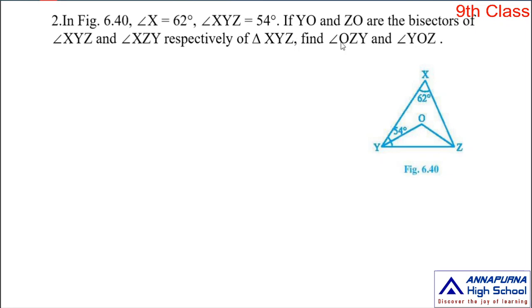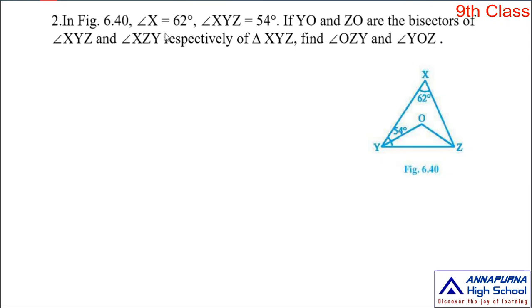If YO and ZO are the bisectors of the angles XYZ and XZY respectively of triangle XYZ, we find two angles, angle OZY and angle YOZ.